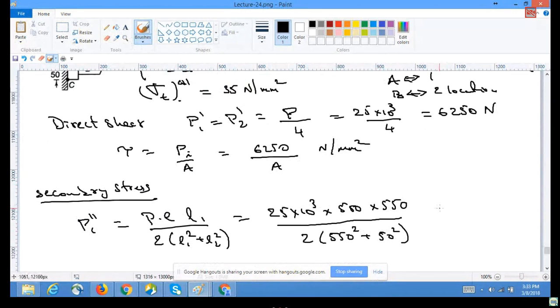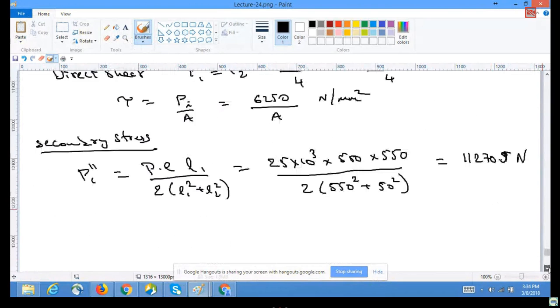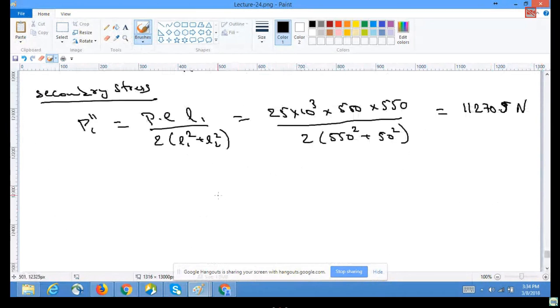That would give something around 1127.5 Newtons, and P2 will be much lesser because P2 is proportional to L2 and L2 is less than L1. Therefore, P1 double dash is critical, so we can just go with P1.